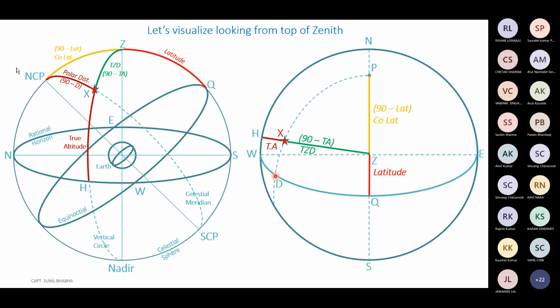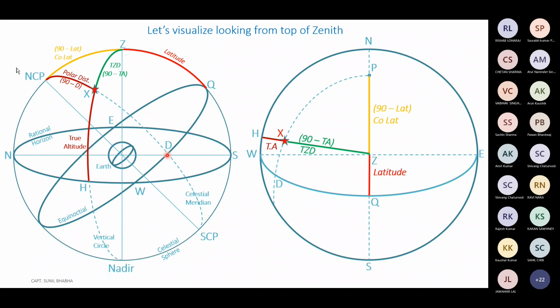Now the celestial meridian of the body cuts the WQE line, the equinoctial, at point D. You can look at it in the celestial sphere also. The celestial meridian from the pole going up to the body X goes up to the equinoctial at this particular point. This point is the D point referred to in our rational horizon diagram.